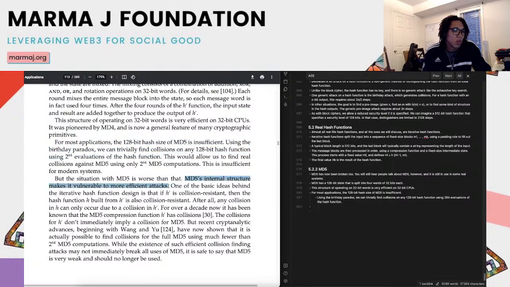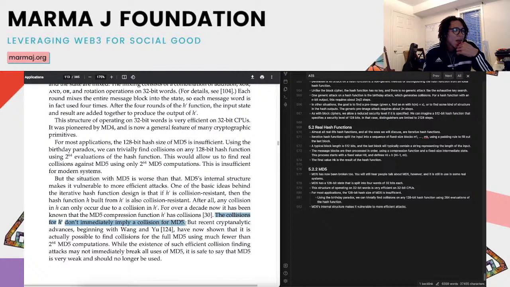One of the basic ideas behind the iterative hash function design is that if H is collision resistant, then the hash function built from H is also collision resistant. After all, any collision in the full hash can only occur due to a collision in H. For over a decade now, it has been known that the MD5 compression function H has collisions. The collisions for H don't immediately imply a collision for MD5.